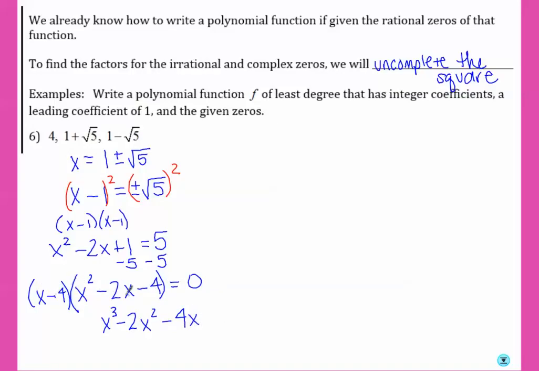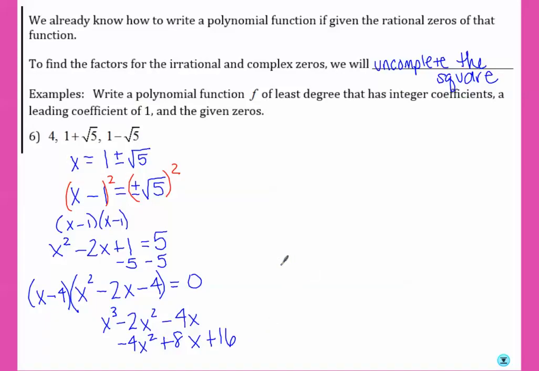Now negative 4 times all of our second set of terms. Negative 4 times x squared is negative 4x squared. Negative 4 times negative 2x, positive 8x. And negative 4 times negative 4 is plus 16.